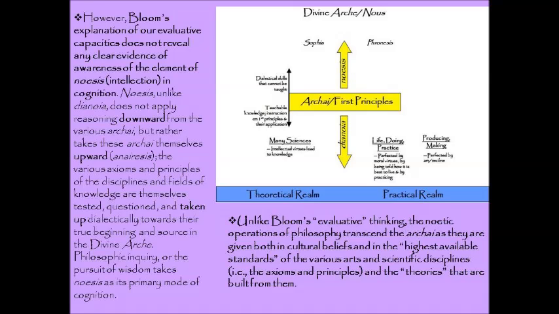Philosophic inquiry, or the pursuit of wisdom, takes noesis as its primary mode of cognition. So, unlike Bloom's evaluative thinking, the noetic operations of philosophy transcend the principles, or the archai, as they are both given in cultural beliefs and in the highest available standards of the various arts and scientific disciplines, and the theories that are built from them. Theories in quotation marks.